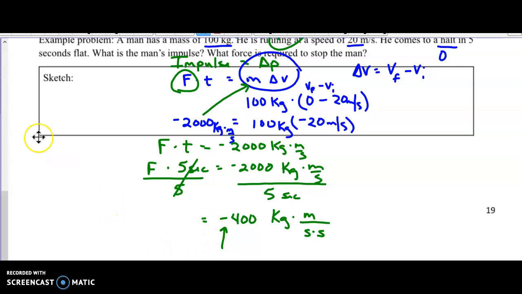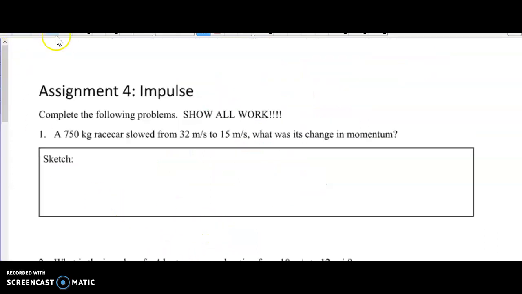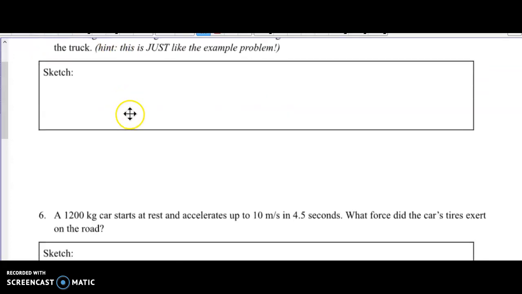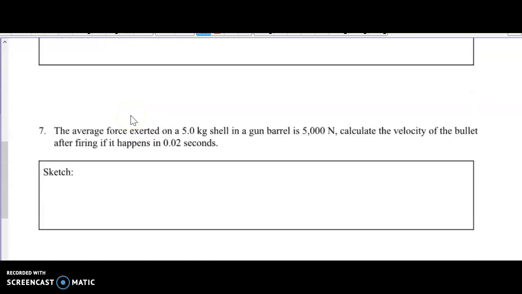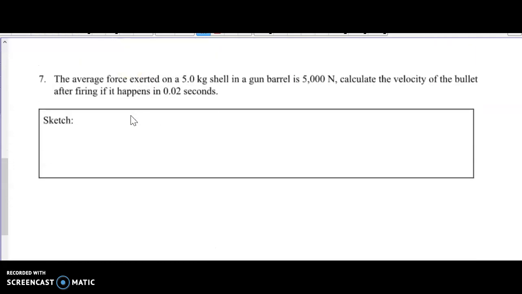Okay, so your assignment for tomorrow is to do problems 1 through 4 on assignment 4. I want to go and do a problem, and I think I'll do number 7. As we're doing these problems, what we're looking at is the equation using impulse equals change in momentum.